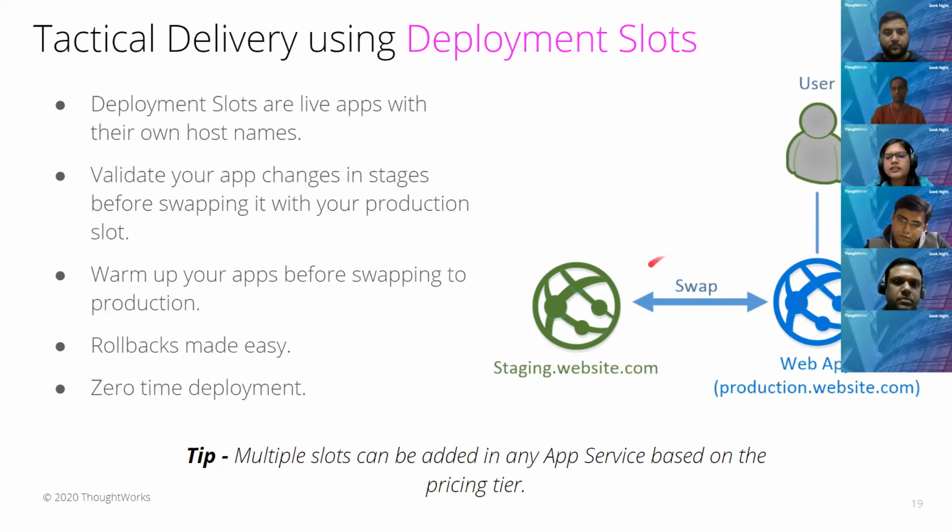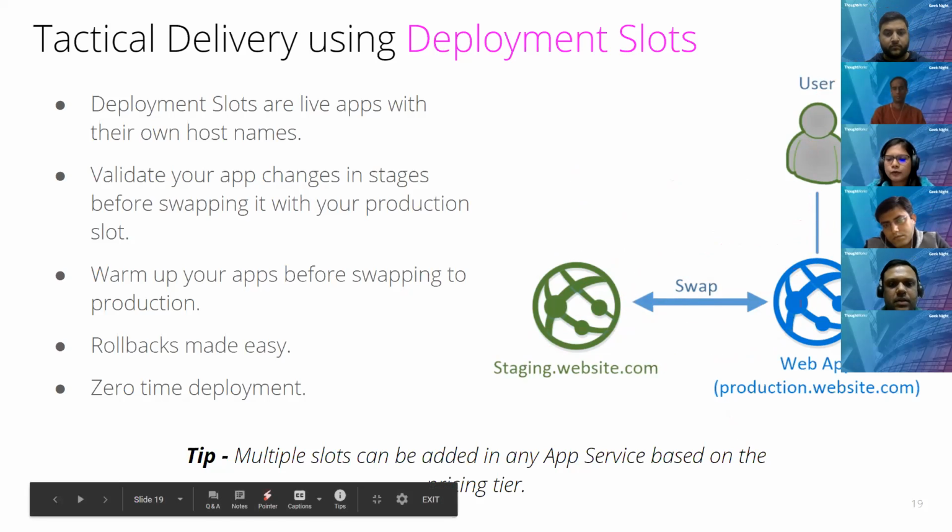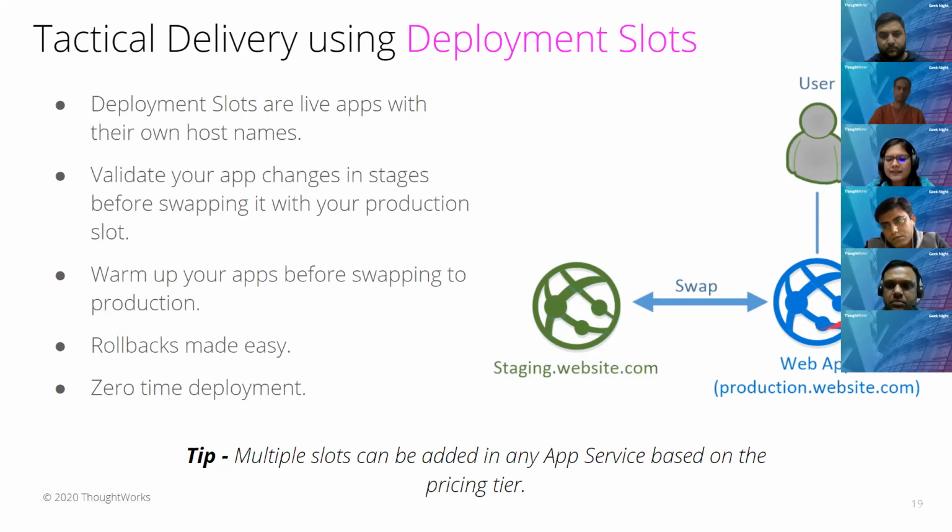So with this, we are achieving zero downtime deployment. We are able to push our code without impacting our end user. We will also be able to do rollbacks very easily in case something goes wrong. With production, we can simply swap again, and our old code will be available to the end user again.